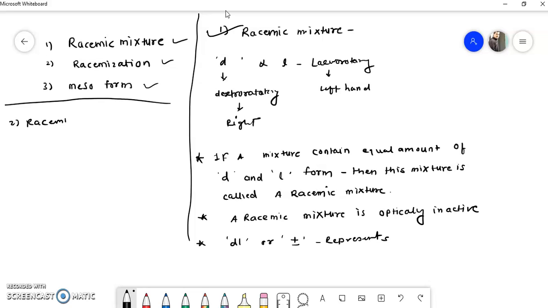Racemization. I will write what racemization is.